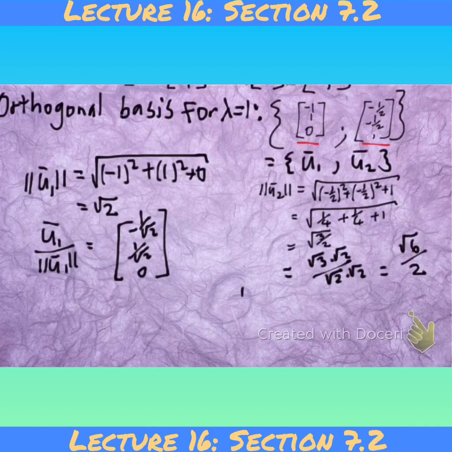Right, so normalizing u2, you're going to divide that by the norm, and that's going to be the vector minus 1 over square root 6, minus 1 over square root 6, 2 over square root 6.